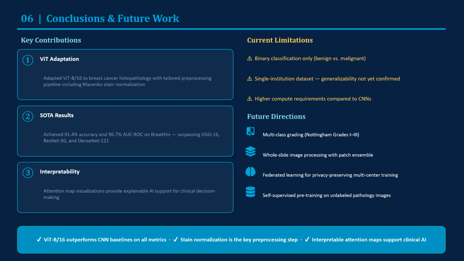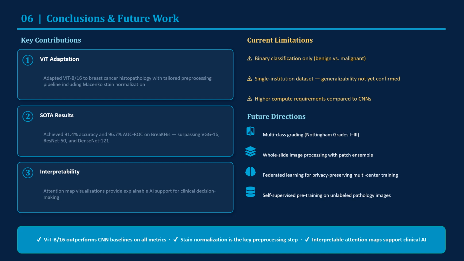It achieved an accuracy of 91.4%, together with a 96.7% AUC, showing that vision transformers are a strong choice for this task. Another important finding is that stain normalization plays a major role in improving the performance. This reminds us that good data preparation is just as important as choosing the right deep learning model.